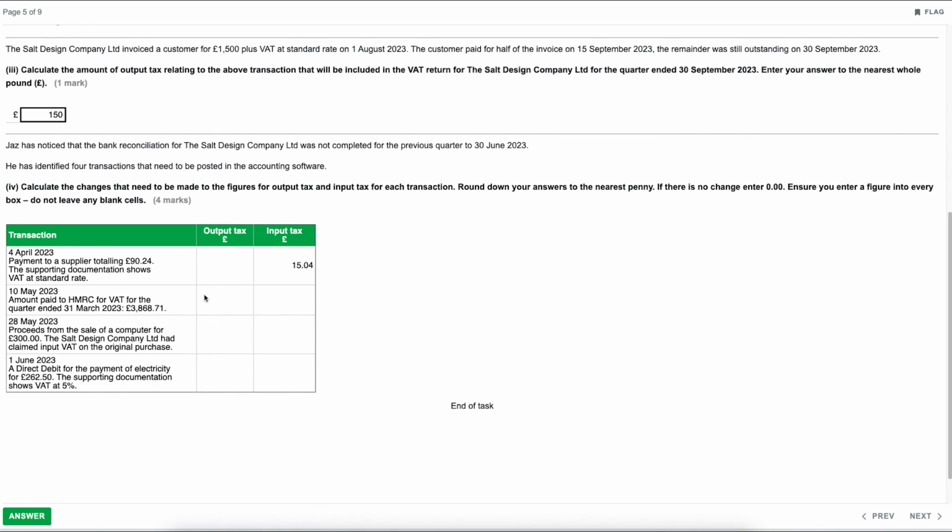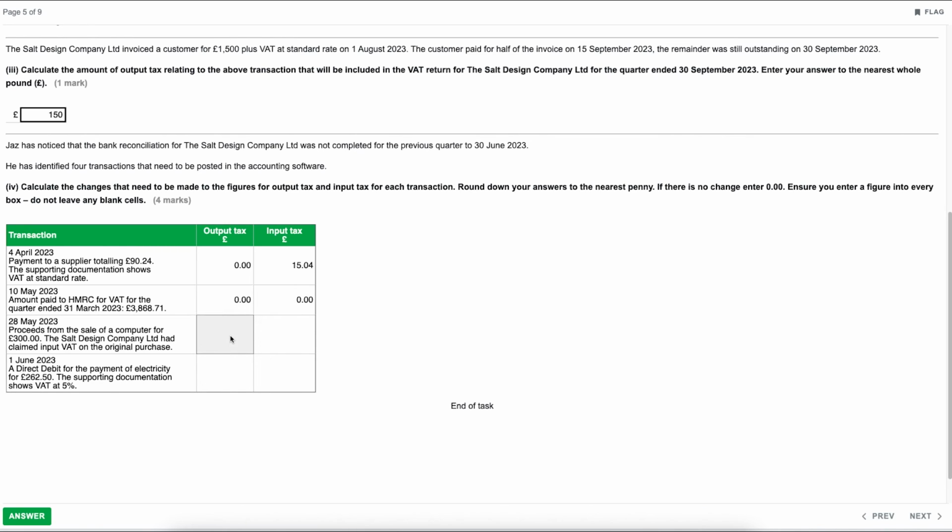Now, something that we need to do, and I need to do this on the first one as well, it did state within the question, do not leave any blank cells. So on this first one, I do need to enter 0.00. Now, on this second one, as I said, because this wouldn't affect your output tax or your input tax, because it's simply the payment of the amount that was owed to HMRC, we need to enter in 0.00 on both of these transactions.